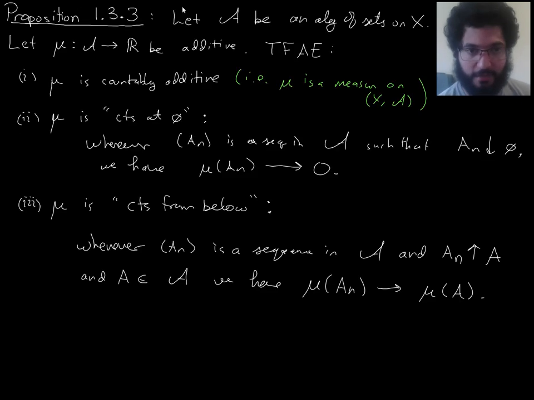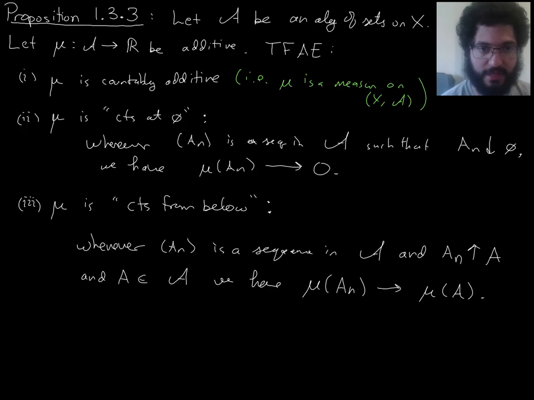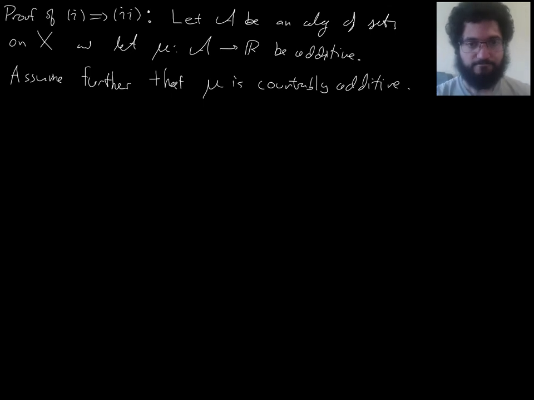All right, so I'm going to prove 1 implies 2, 2 implies 3, 3 implies 1. And we'll start with 1 implies 2 here. Okay, so I'm just going to copy over some stuff off screen. All right, so here I've copied everything over. Let A be an algebra of sets on X, and let mu be an additive function. And now assume further that mu is countably additive.